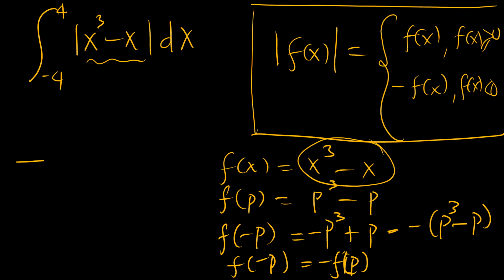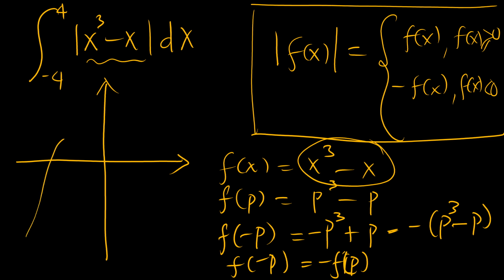If we plot it so that we really see what is happening here, x crosses 0 at -1, and at 0, then it goes up like that.